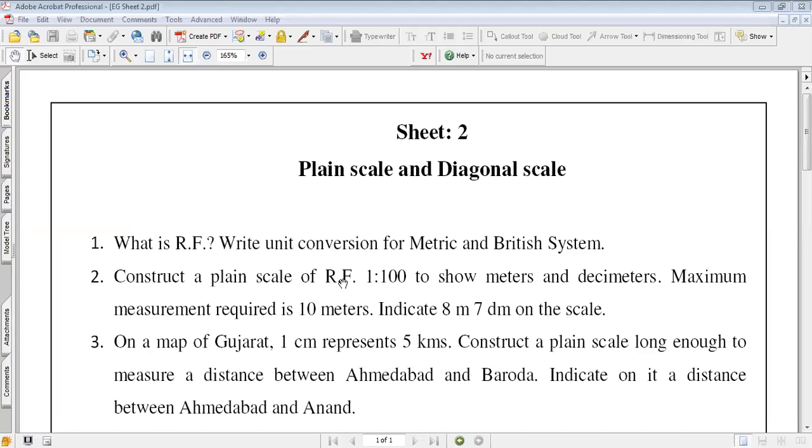Construct a plane scale of RF 1 by 100 to show meters and decimeters. Maximum measurement required is 10 meters, and you also need to indicate this dimension. I need not repeat this in such detail, but it will be a refreshment of your earlier understanding. So now we will do that. How will we do it?